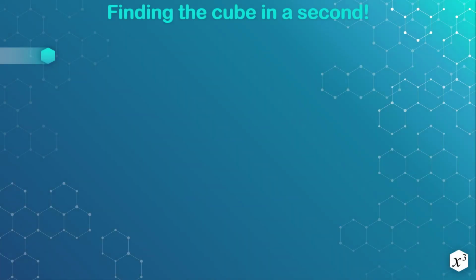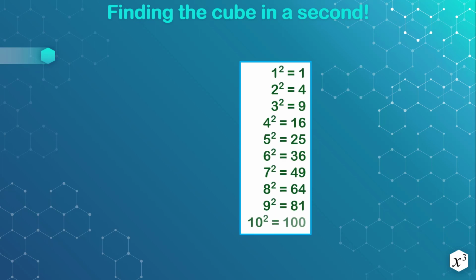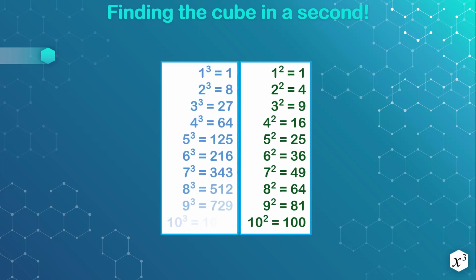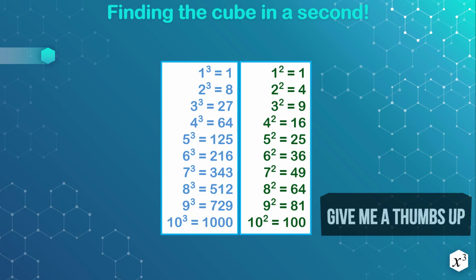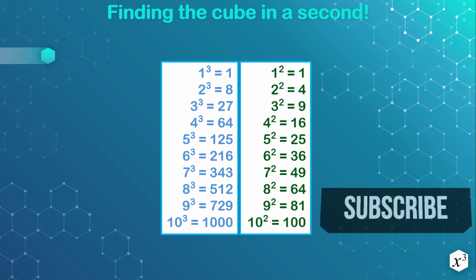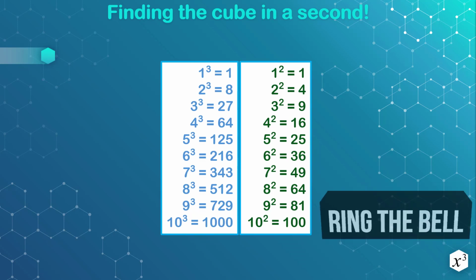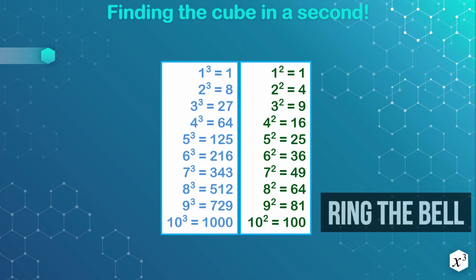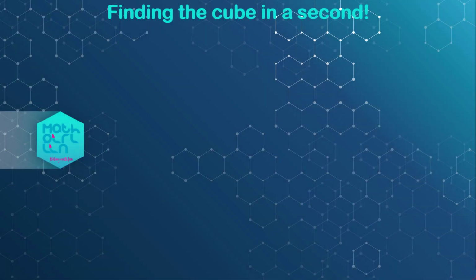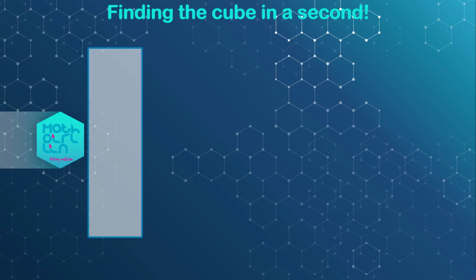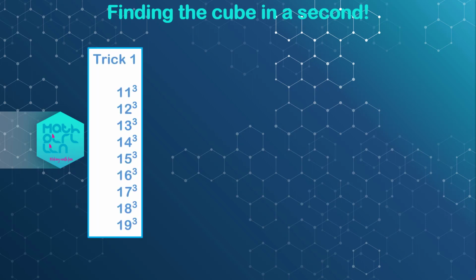First, you need to know the square and cube of all the numbers from 1 to 10. In order to cube a number quickly, I will go over 4 tricks. Each trick works for specific types of numbers. Trick 1 will cover numbers between 11 and 19, basically numbers that have 1 in the tens digit.